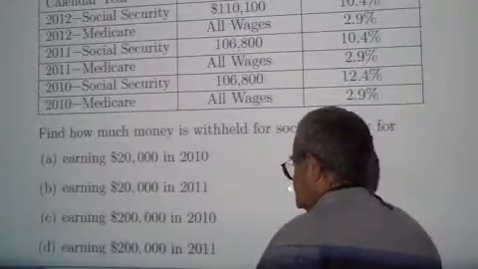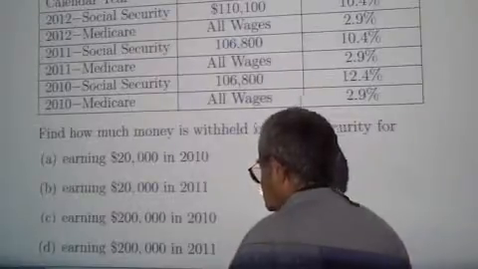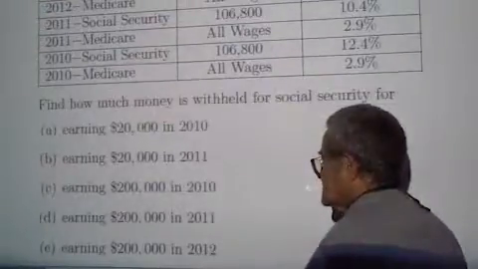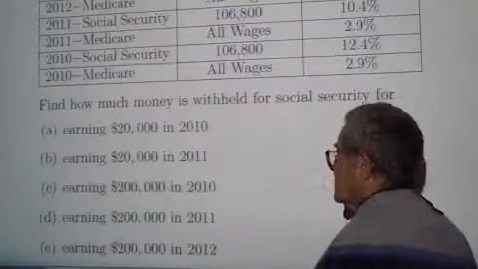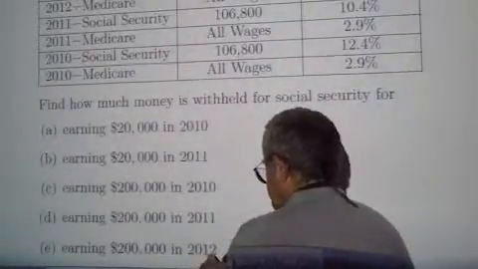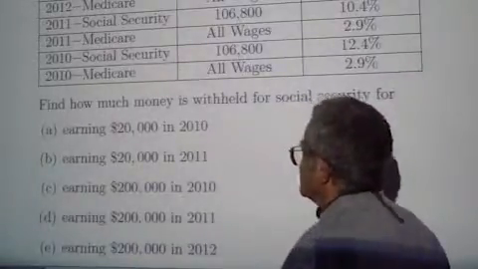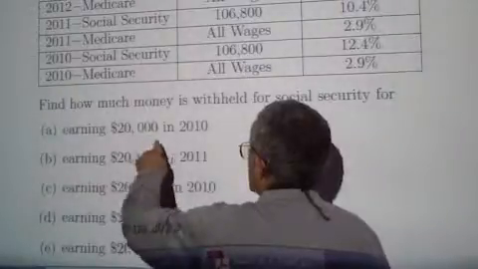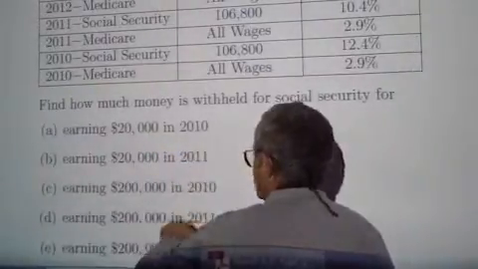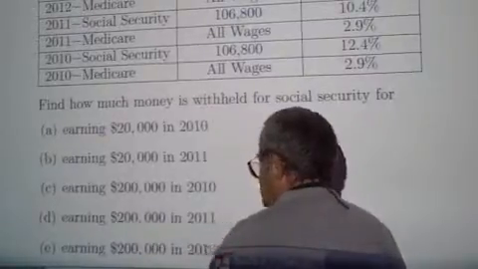In D, it is earning 200,000 in Social Security in the year 2011. So it's again 200,000. And then 200,000 in the year 2012. So you figure that out. The wages are 20,000 in 10, 20,000 in 11, 200,000 in 10, 200,000 in 11, 200,000 in 12.